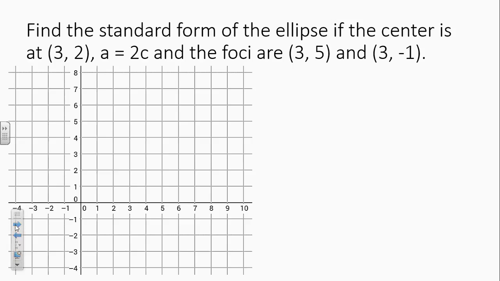Standard form of an ellipse. If the center is at 3, 2, A equals 2C, and the foci are 3, 5, and 3, negative 1.